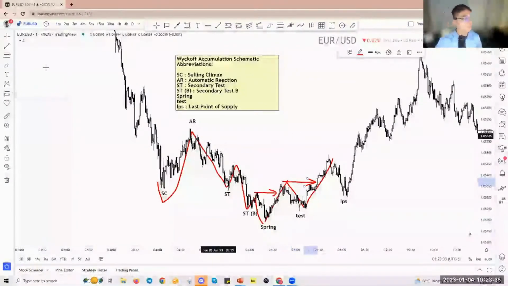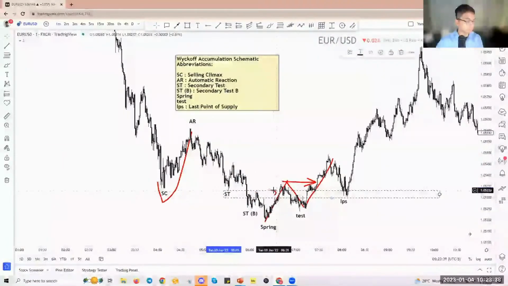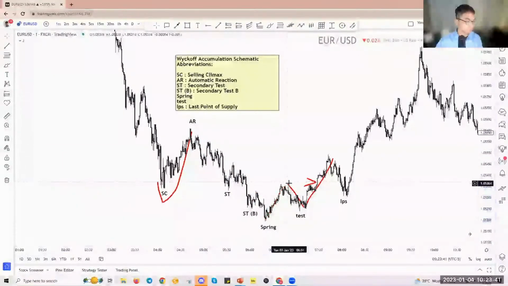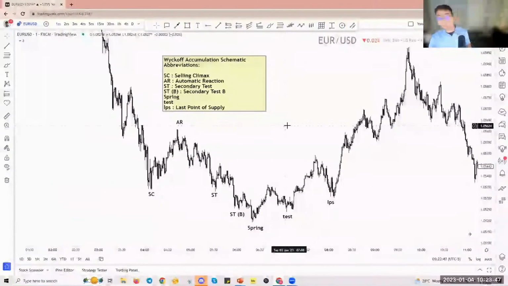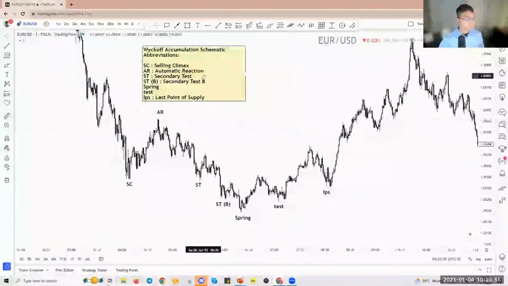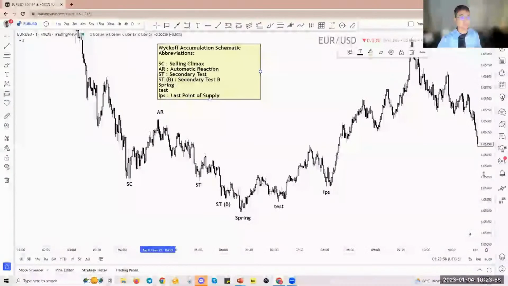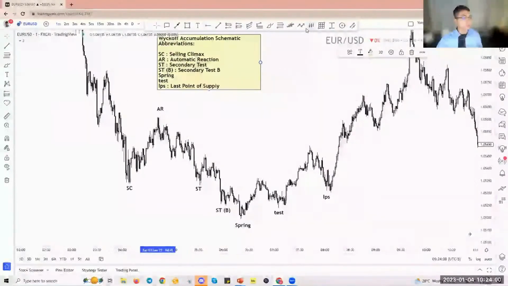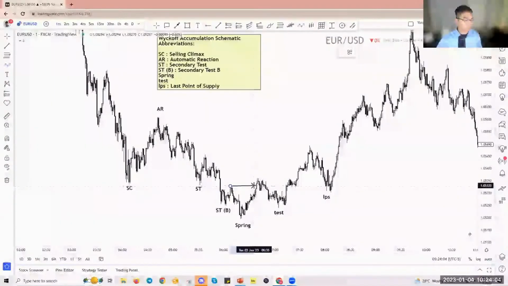A possible way that we can enter, let me just draw it out. We can enter using a Fibonacci line. Let me repeat, I do not expect you to fully understand Wyckoff because it's very technical and complicated. I'm trying my best to explain it to you. With that, the area got broken.